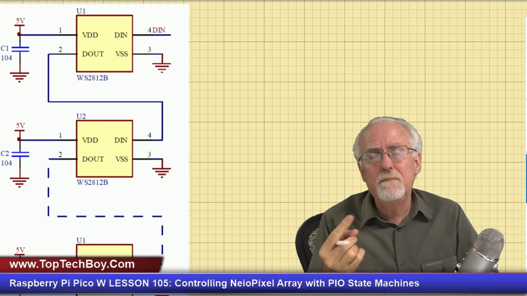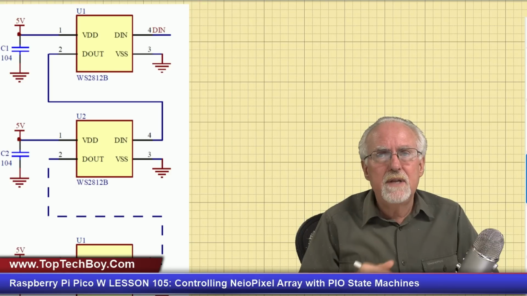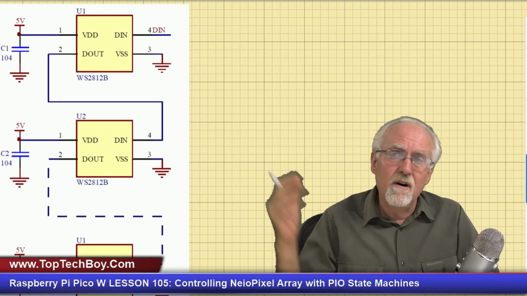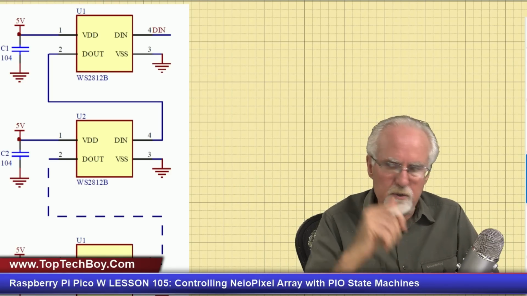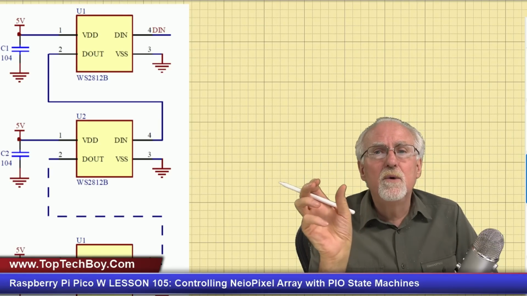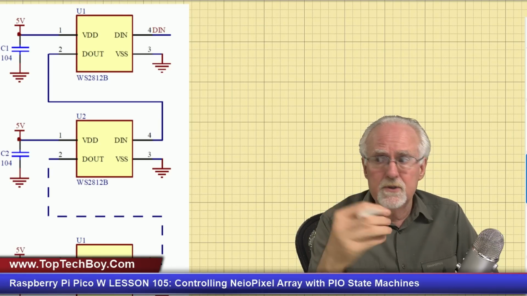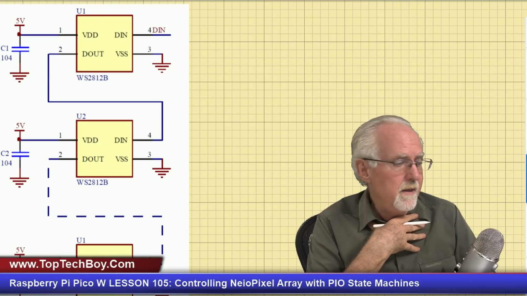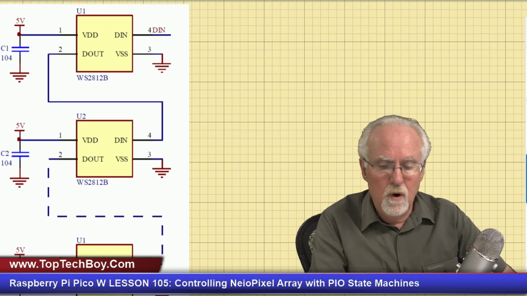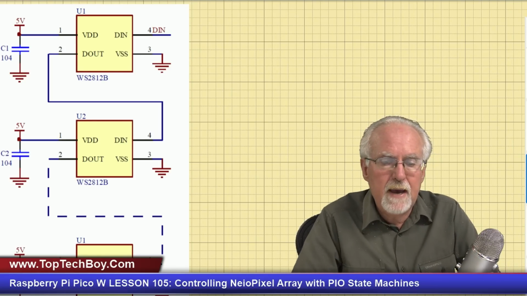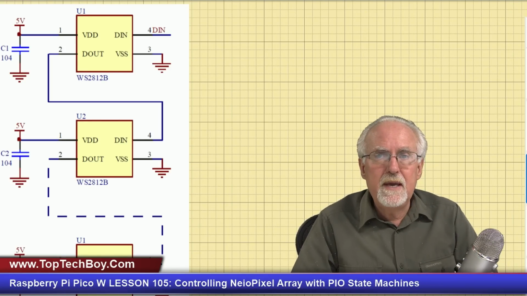So if I did 1 pixel, you wouldn't really understand how the data is passed. And if I did all 8, it would get tedious. So we're going to consider a NeoPixel array of 3 pixels, even though we have 8 pixels, but I think by extension, you would be able to learn this.